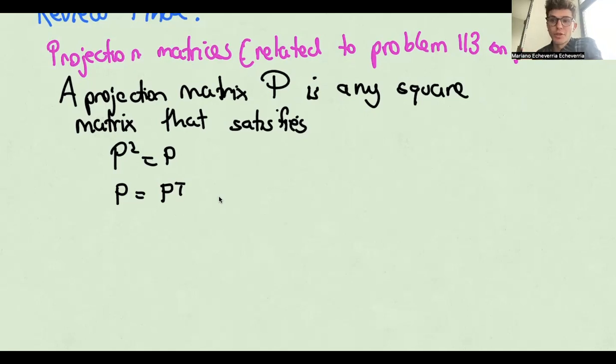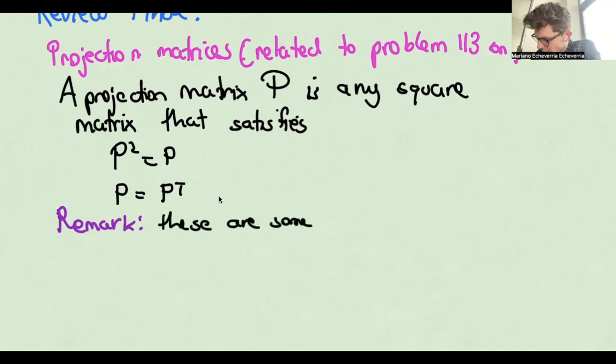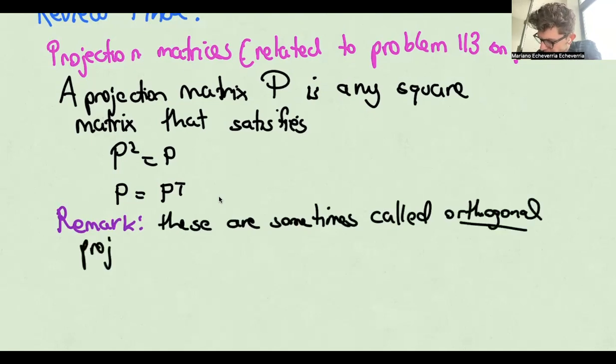These are sometimes called orthogonal projection matrices, and that's how I was calling them earlier in class. I will avoid calling them that because the name can be misleading, since this is not saying that the matrix is orthogonal. P is not an orthogonal matrix in general.